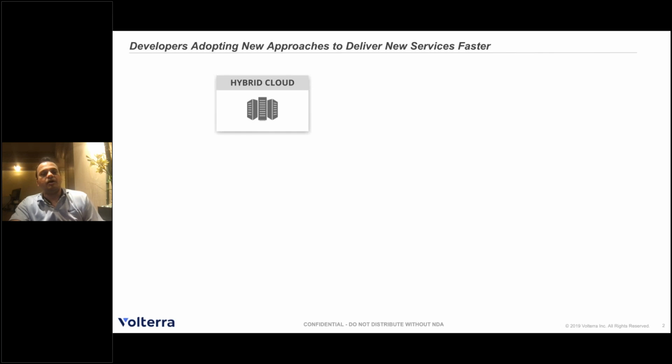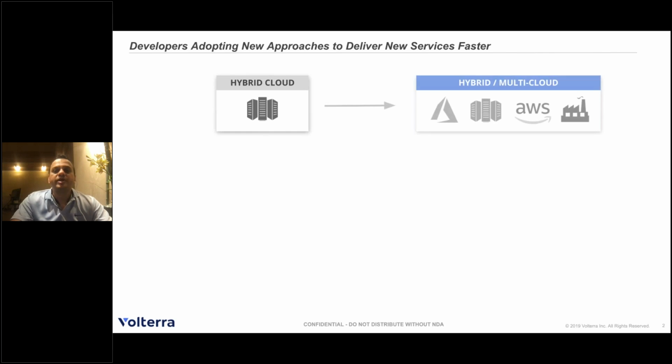They can provision a VM with just a click of a button, and they can deploy their app. Now that they've gone to one hybrid cloud, they're doing multiple public clouds, or even the network cloud as well as the edge, so that they can develop and deploy new services faster.